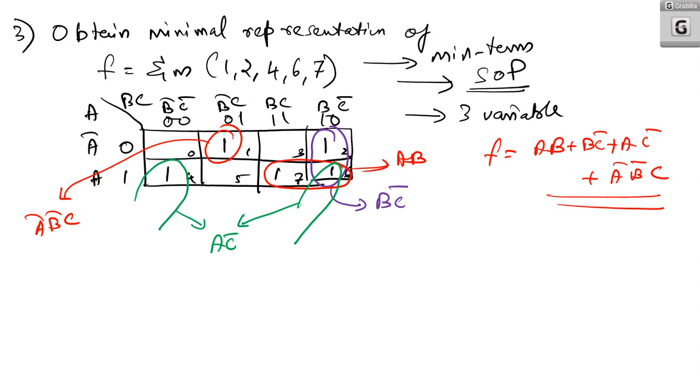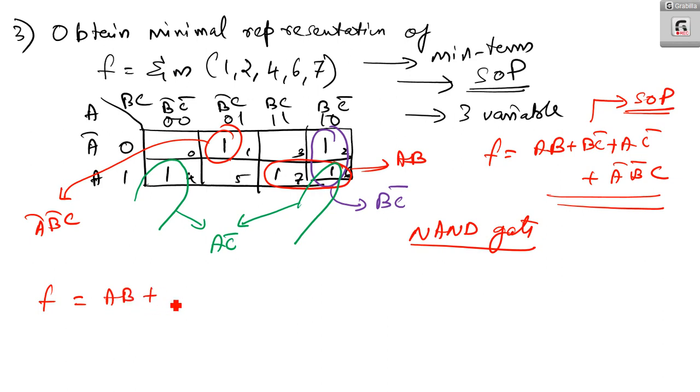And if you are going for the realization using NAND gate, how can we go about it? F is given by the corresponding minimized SOP form. F is equal to AB or BC bar or AC bar or A bar, B bar, C. So what is F bar?